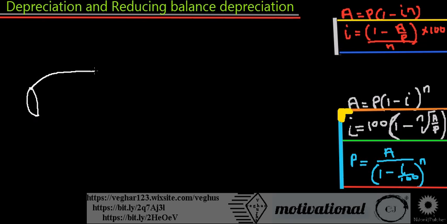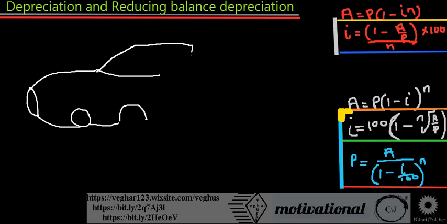A car depreciates often. Like after a long run, a car depreciates. Unlike a house, it doesn't go down, but the car depreciates now and then.